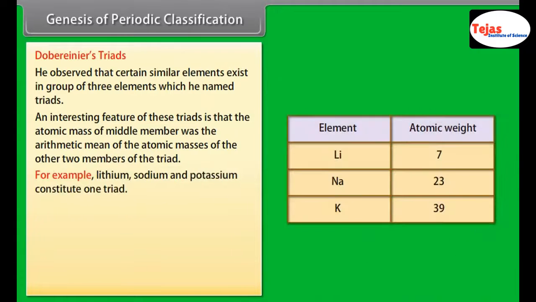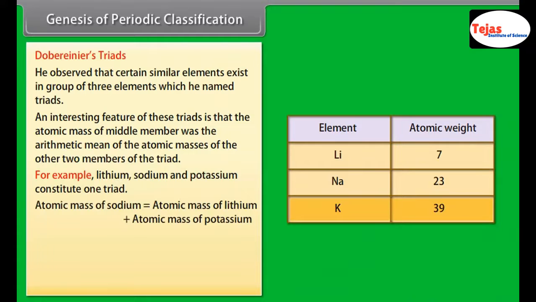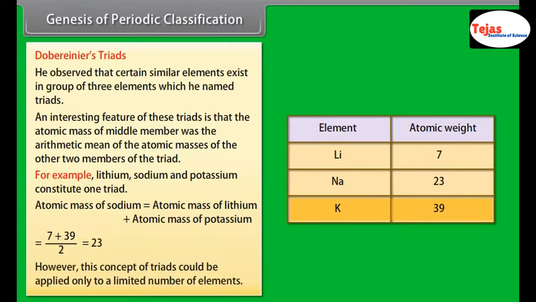For example, lithium, sodium and potassium constitute one triad. Atomic mass of sodium is equal to the atomic mass of lithium plus the atomic mass of potassium divided by 2, which is 7 plus 39 by 2, equal to 23. However, this concept of triads could be applied only to a limited number of elements.